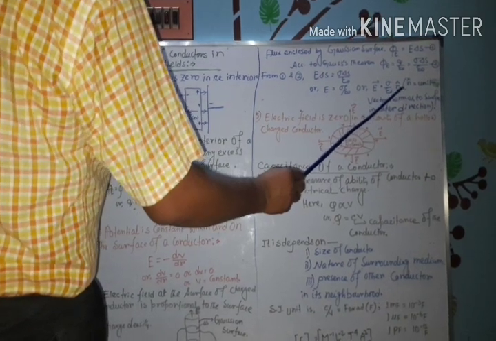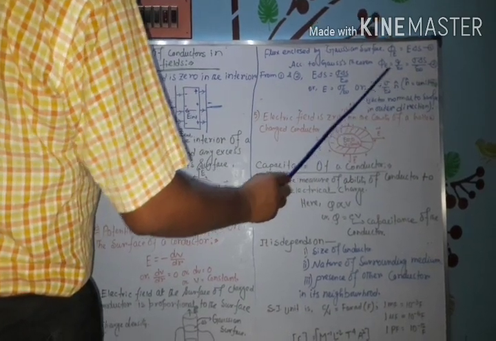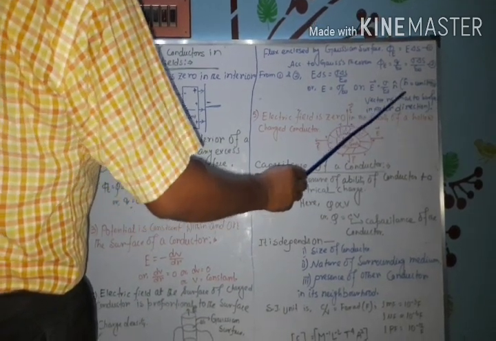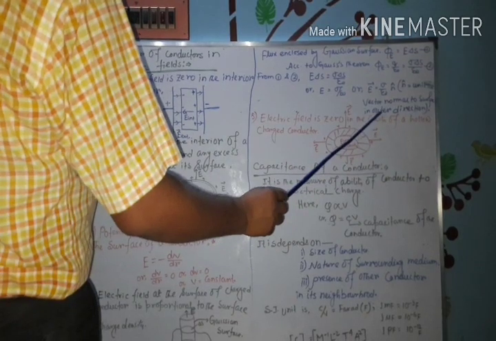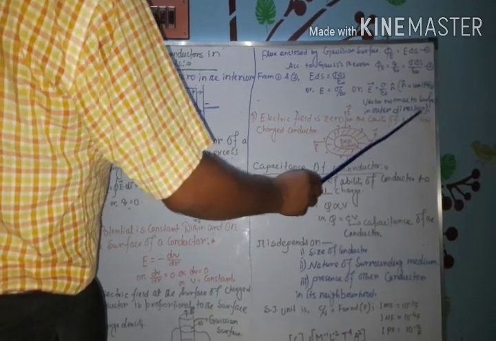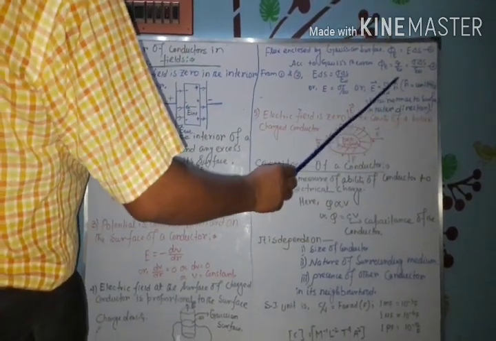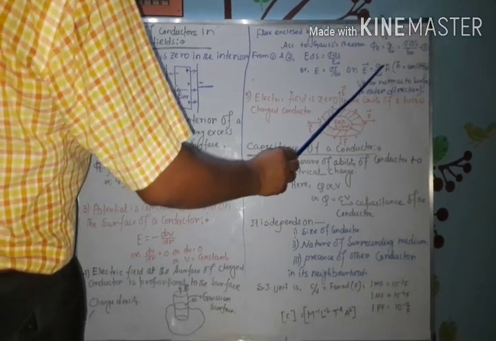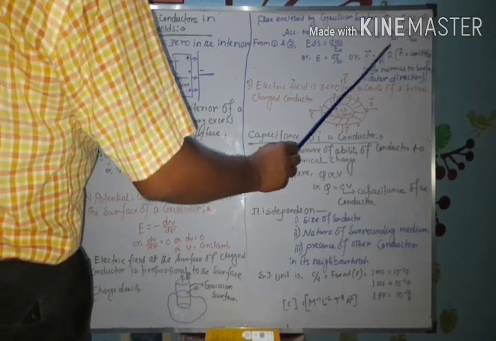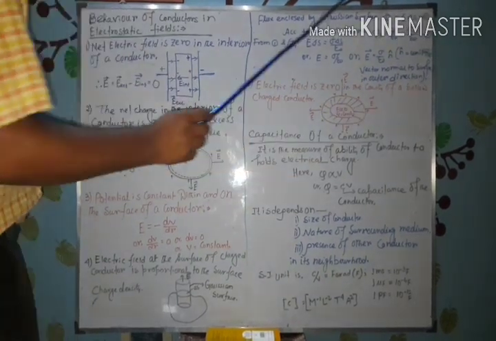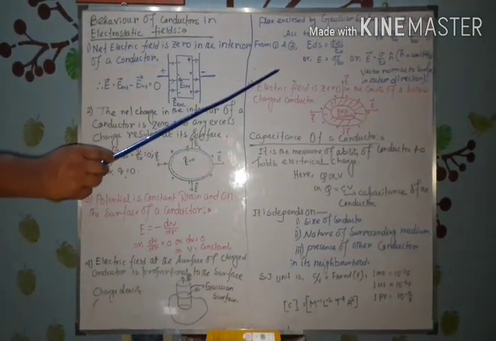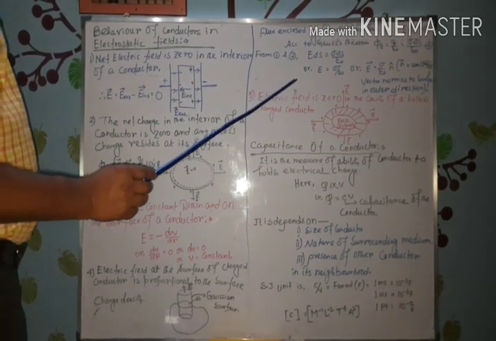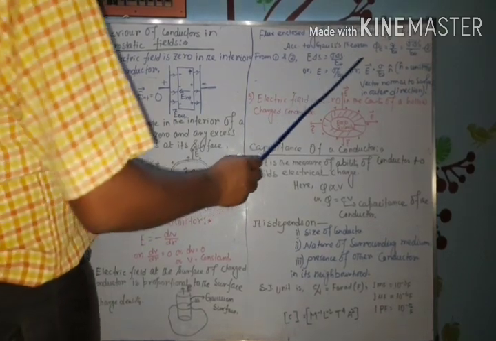What is n cap? n cap represents the direction of the electric field, which is a unit vector normal to the surface in the outward direction. Therefore, from this equation, as epsilon naught is constant, we can write E proportional to sigma. Therefore the electric field at any point on the surface of a conductor is proportional to its surface charge density.